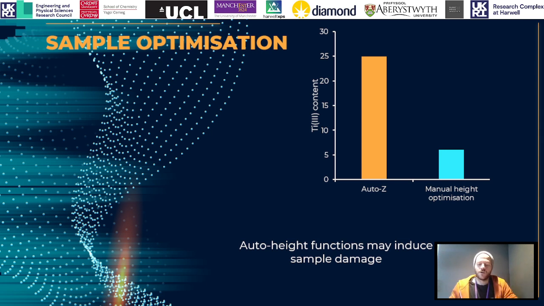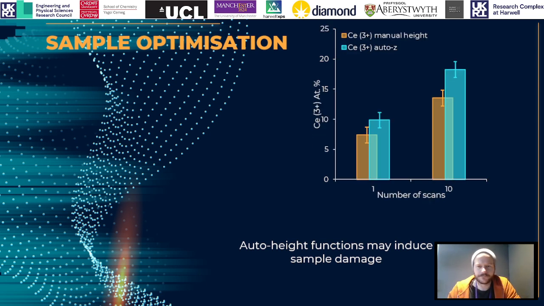So this is one way that you can again just minimize the amount of reduction in your sample. It's also perfectly acceptable to use the auto height function on one location and then move to another part of the sample which is at the same height but hasn't been exposed to X-rays already.